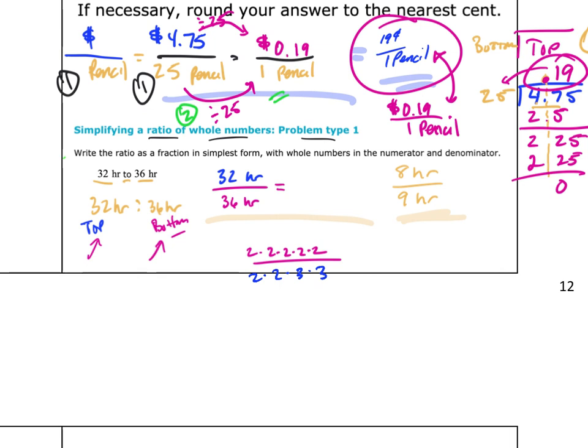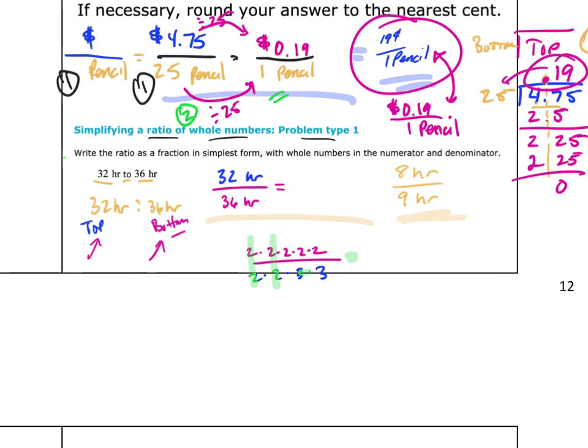Now what you're going to do is look and see what reduces. So what makes a 1? 2 divided by 2 is 1. 2 divided by 2 is 1. And there's only 3's left on the bottom. There's no 3's on top. So now these are just 1's.